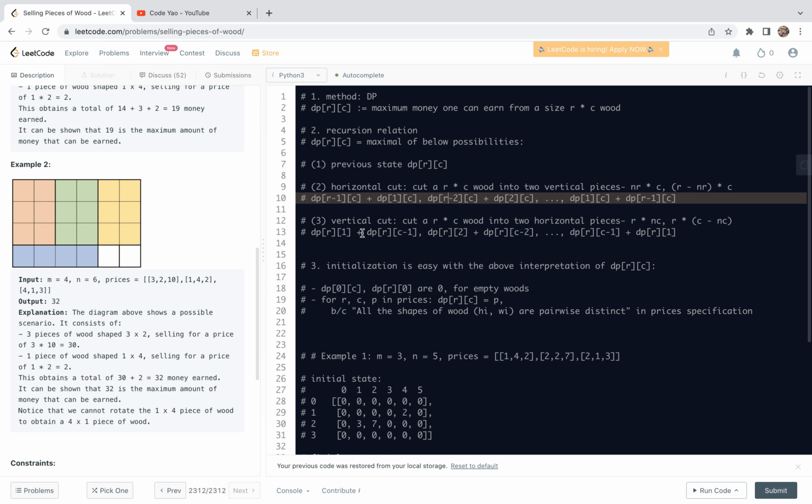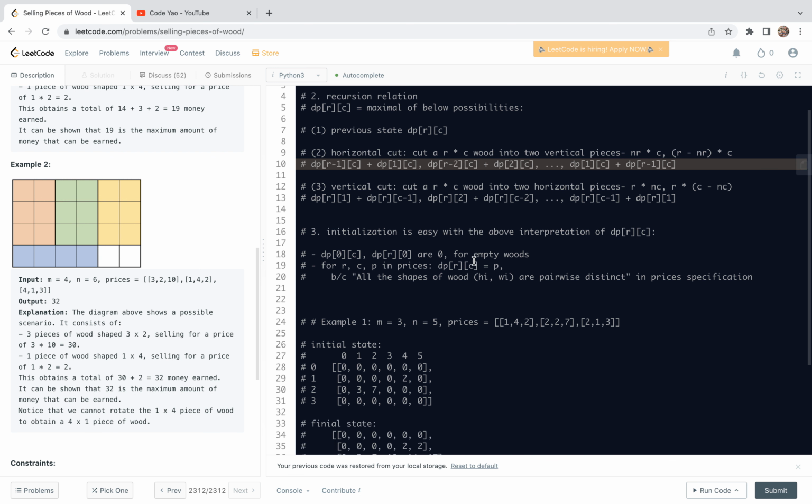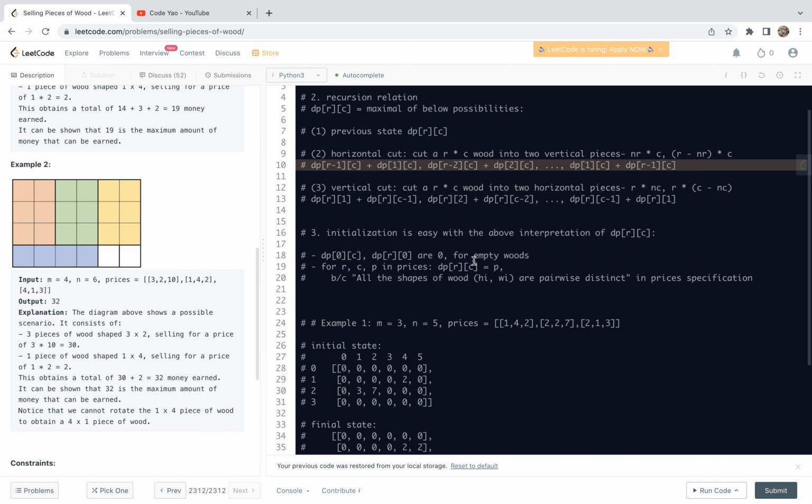Then we add the money we can earn from these two smaller pieces. The possibilities are the following. For example, we cut r by c to be r by 1 plus r by c minus 1, or r by 2 and r by c minus 2, and so on.